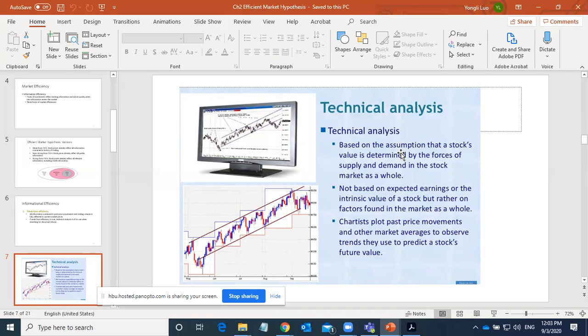That's technical analysis. A lot of companies sell software based on the weak form market efficiency because they don't believe it is true. Technical analysis is based on the historical price and trading information.